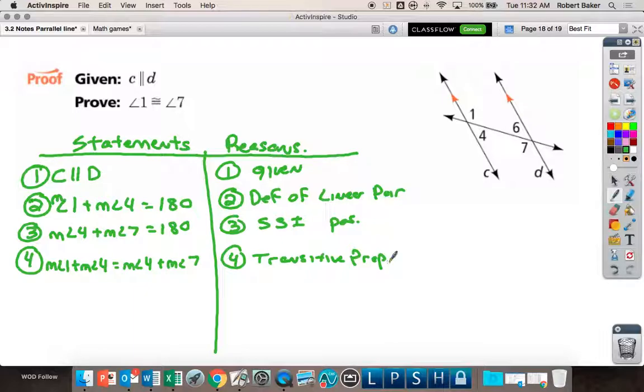Okay, then what? Measure of angle 1. Yes? The subtraction property of equality.